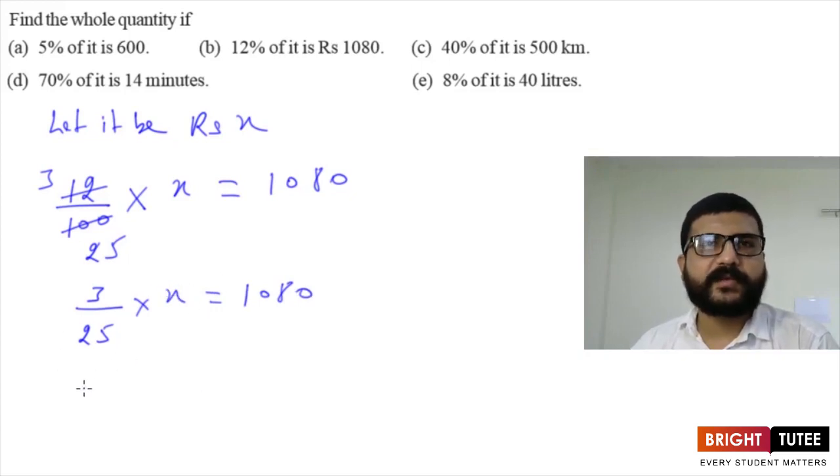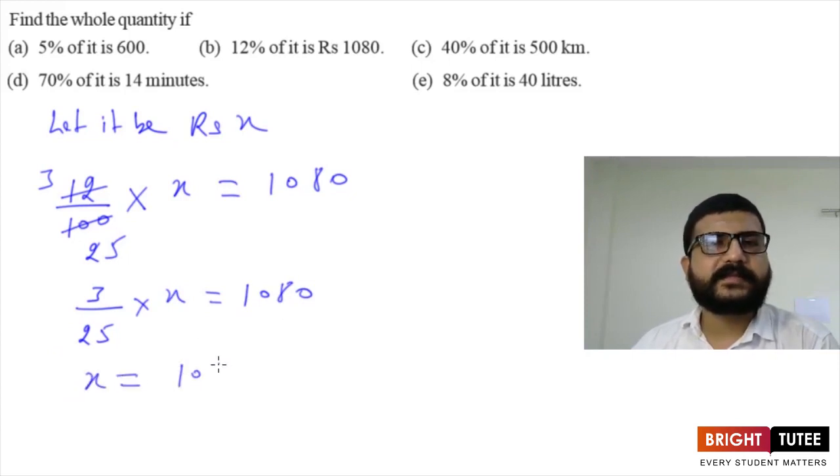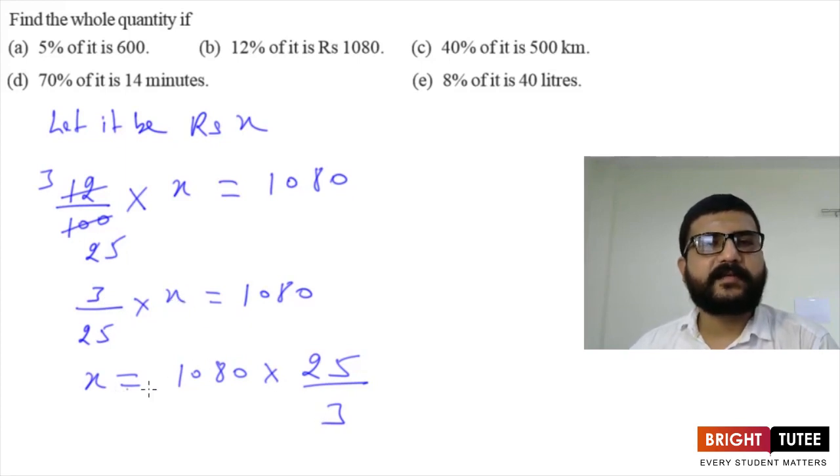So what we will do for that, we will write it as x is equal to 1080 into 25 upon 3. 25 will come in multiplication as it is in division here, and then 3 will come in division as it is in multiplication with x here. So now the value of x is 1080 into 25 upon 3.